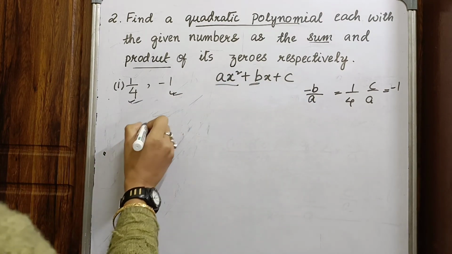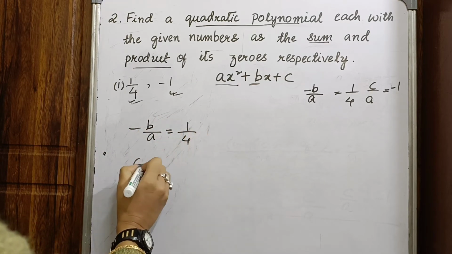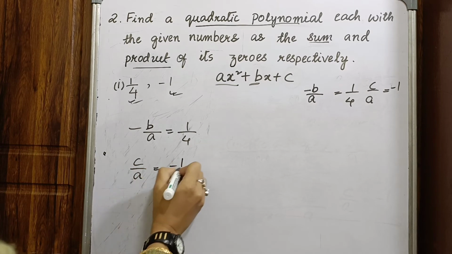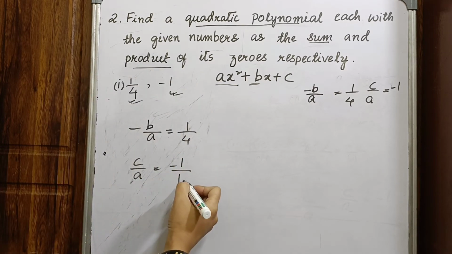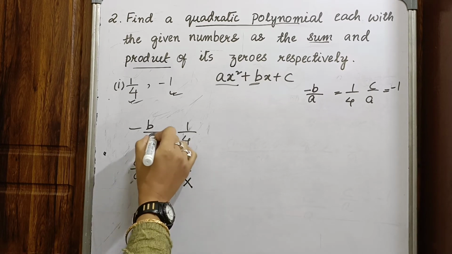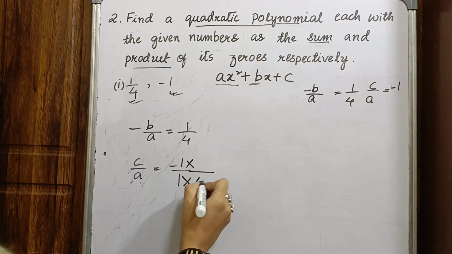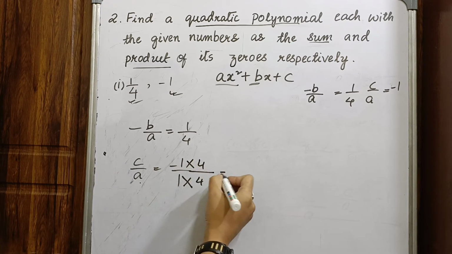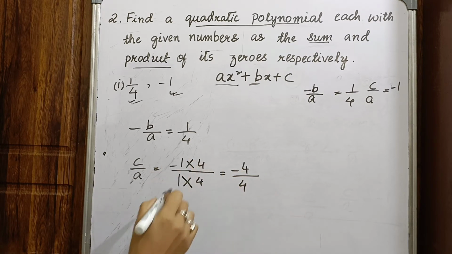Minus b by a is 1 by 4, and c by a is minus 1 by 1, which is the same as minus 1. So here you see, you multiply by 4 so as to make the two denominators equal, into 4, which is minus 4 by 4. If you cut this 4, it remains minus 1.